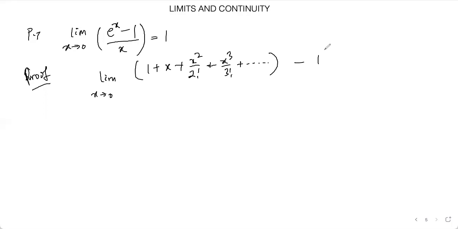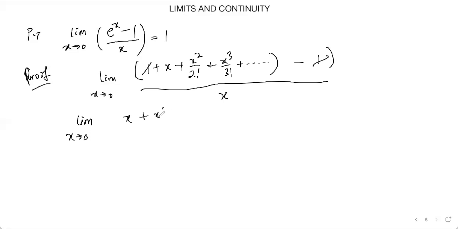So minus 1, right? E power x can be written like that. So here plus 1 and minus 1 gets cancelled. Okay, so limit x tends to 0, this will be x plus x square by 2 factorial plus x cube by 3 factorial and so on, right? This divides by x.